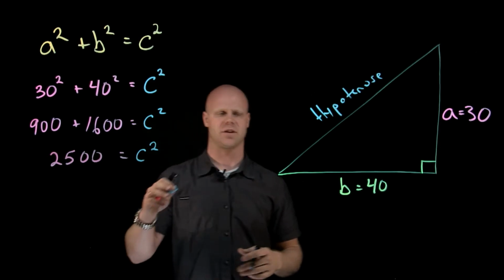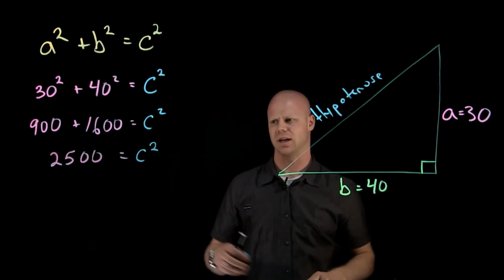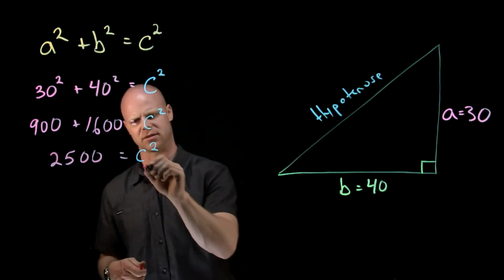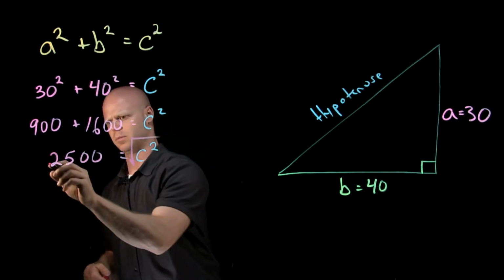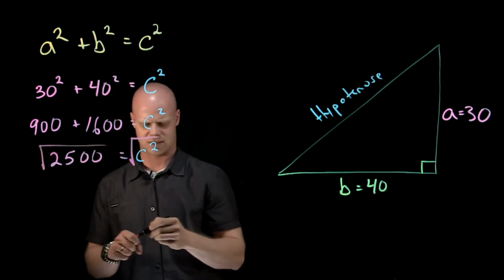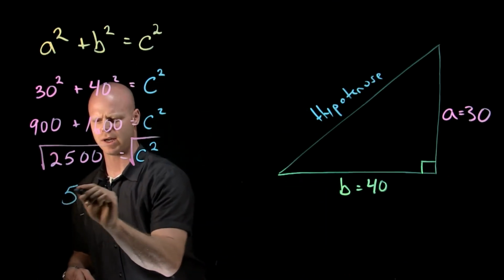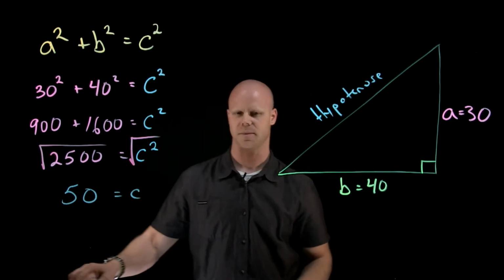Now the last thing I have to do, that is not the magnitude of the hypotenuse right now. We have to get rid of this squared function. So the opposite of a square is a square root. So I will square root c squared in order for that to cancel, meaning I have to square root this side. And in the end, I will find that my hypotenuse is 50 units long.